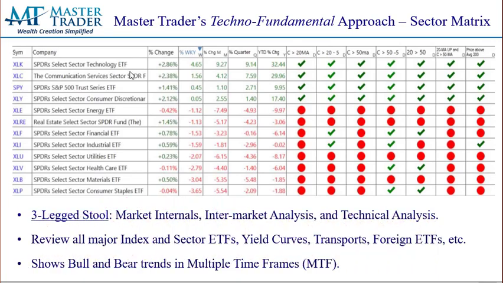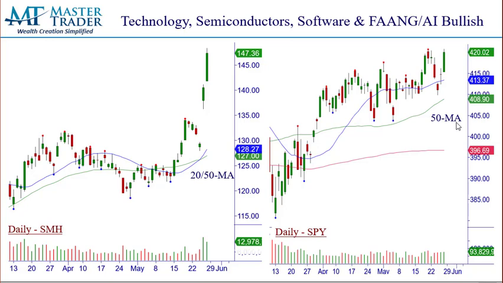Technology, software, semiconductors, even the S&P 500 looks great. Look at all these green check marks, which we review in detail in the letter. But under the hood, there are so many other sectors that are in bearish downtrends, no patterns, nothing to do. So the broader market strength actually can mask what is going on under the hood, as we say.